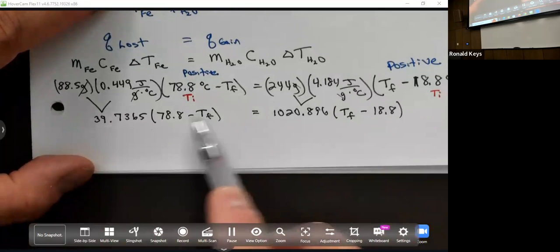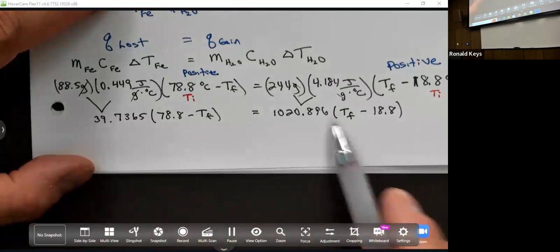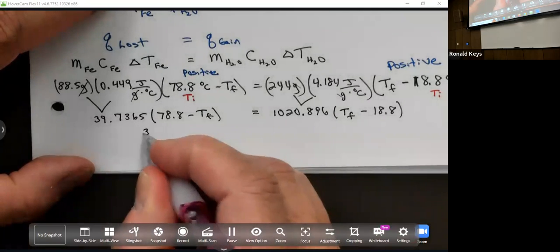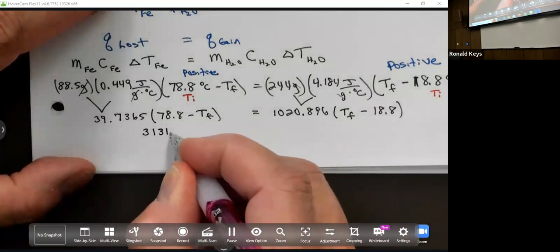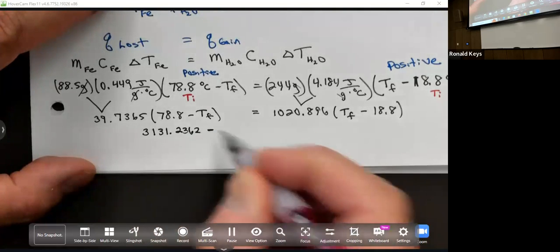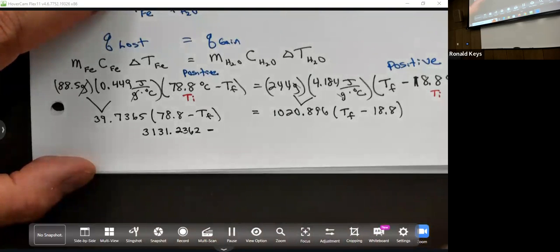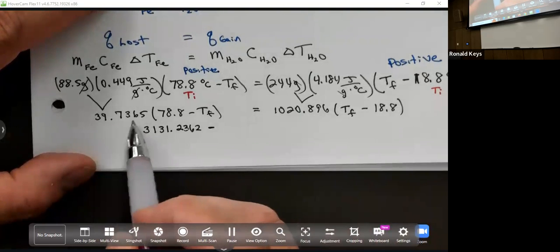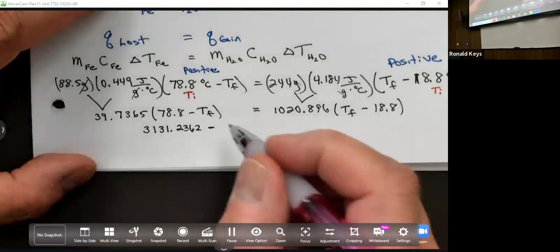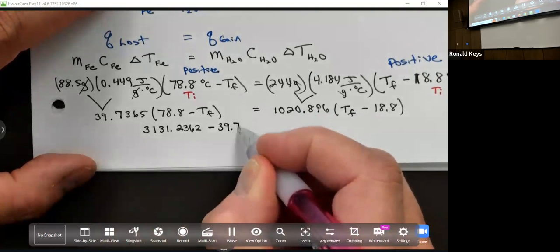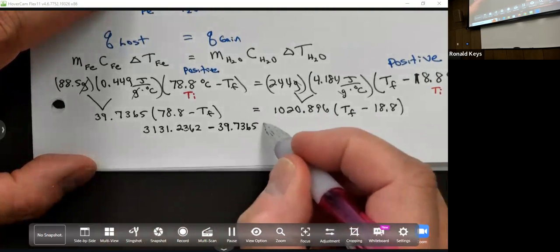So now we're going to distribute this through on both sides. Look familiar? Distribute this through on both sides. If we do that, we're going to get 31 point... I'm just writing down numbers that I would have had in my calculator. 39.7365 times T final minus T final is going to be minus 39.7365 T final.